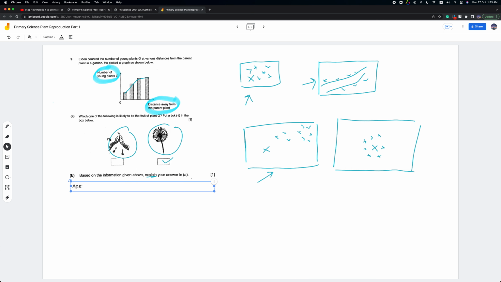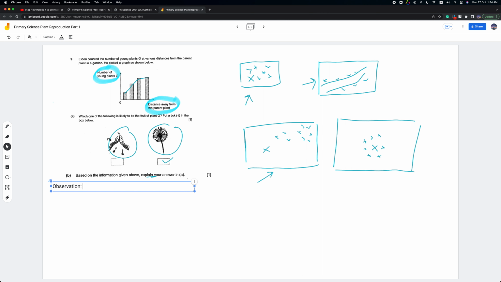Now, we did the explain question before, and we have what we call the observation. And I said for the observation, we use words from the question. And in this case, whenever there is a graph or a table, there's a high chance that for the observation, you need to use the words from the table or from the graph.